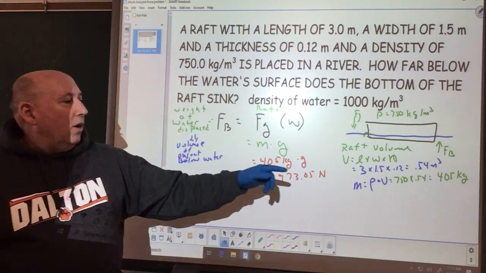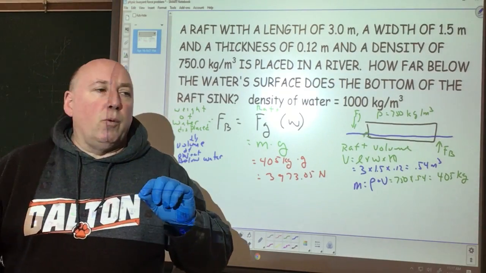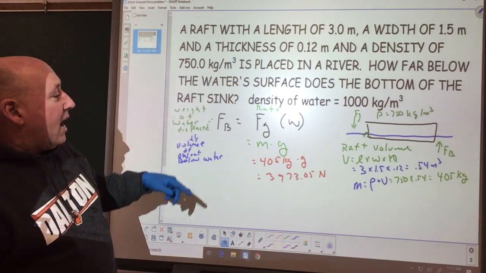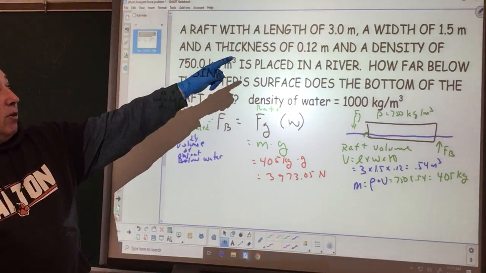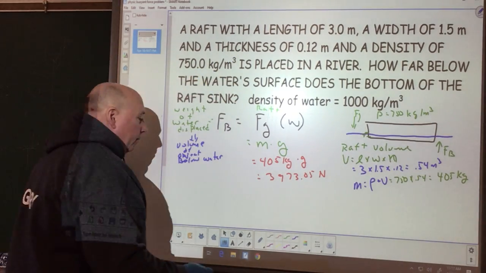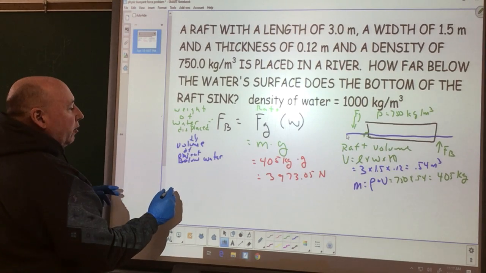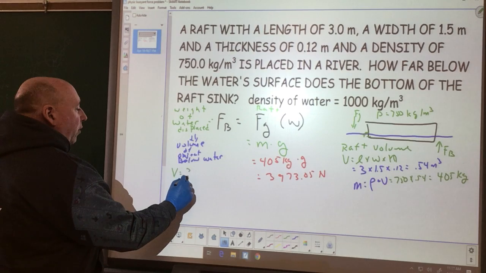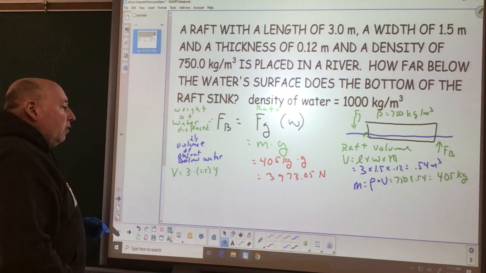If this is a value of y, that's how far below the water the bottom of this raft goes. The bottom of the raft has dimensions of 3 by 1.5. So my volume of the object below the water is going to equal 3 times 1.5 times this value of y.